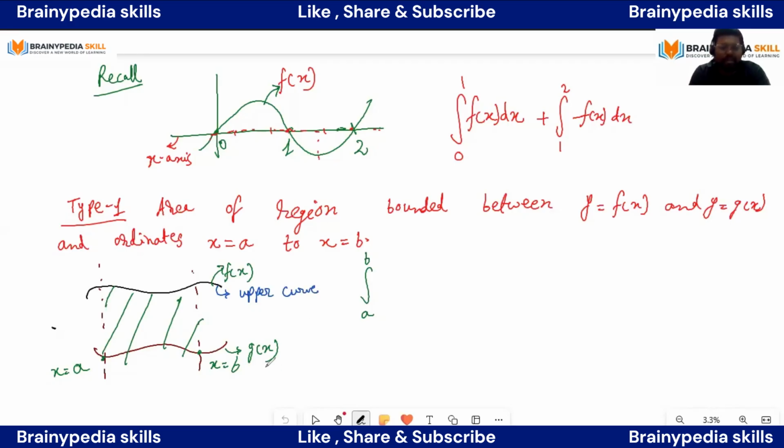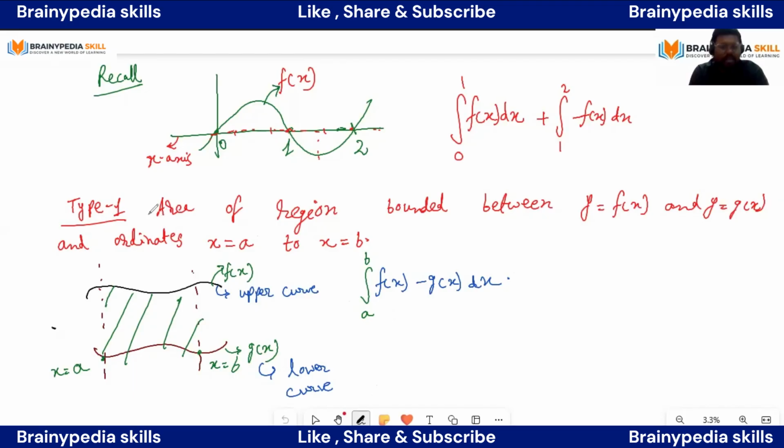This will play a vital role, guys. So the area is the integral from a to b of f of x minus g of x dx. This is type 1.